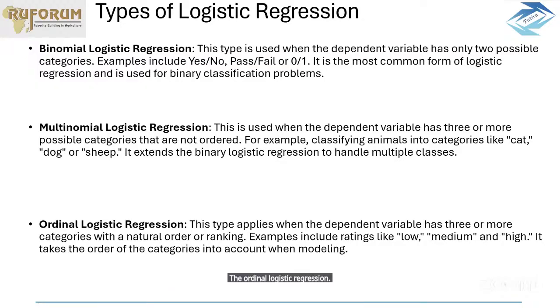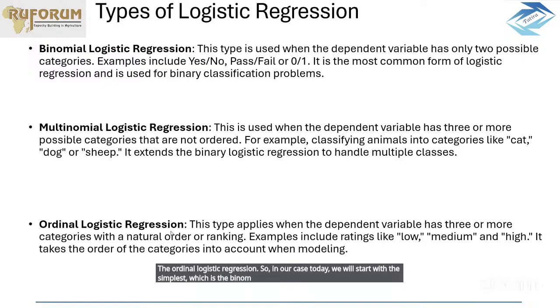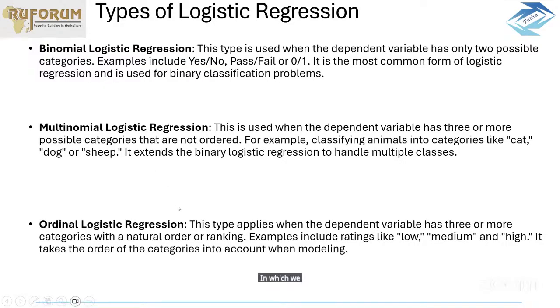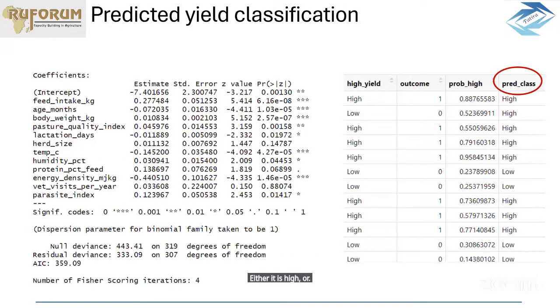So in our case today, we will start with the simplest, which is the binomial logistic regression, in which we have 2 possible outcomes. That is predicting high yield, either it is high or low. So when you run the logistic regression model, you have an outcome.